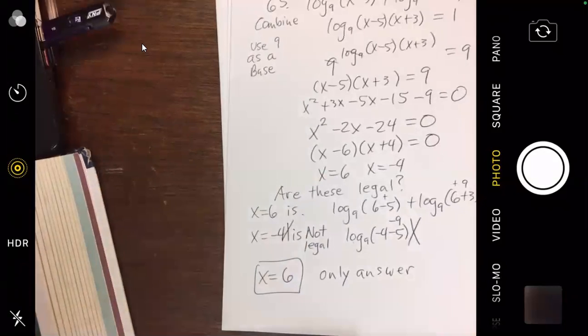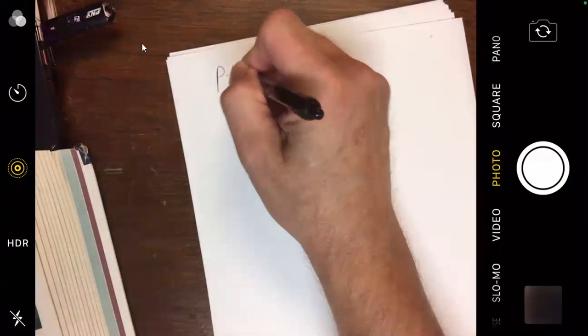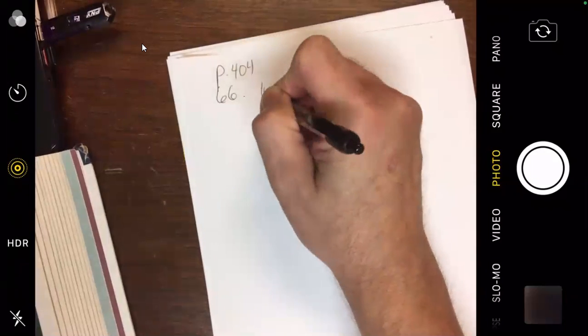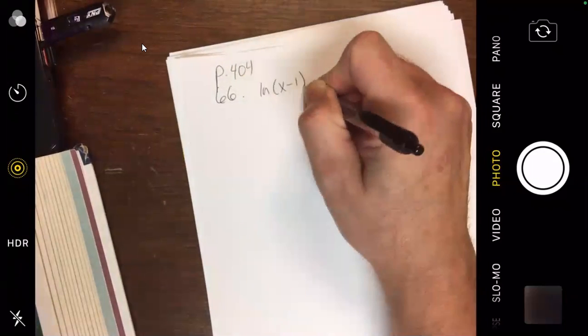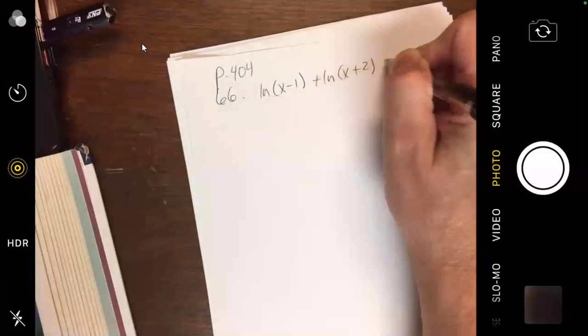All right, why don't we try one more? How about one like 66? ln of x minus 1, plus ln of x plus 2 comes up 1.